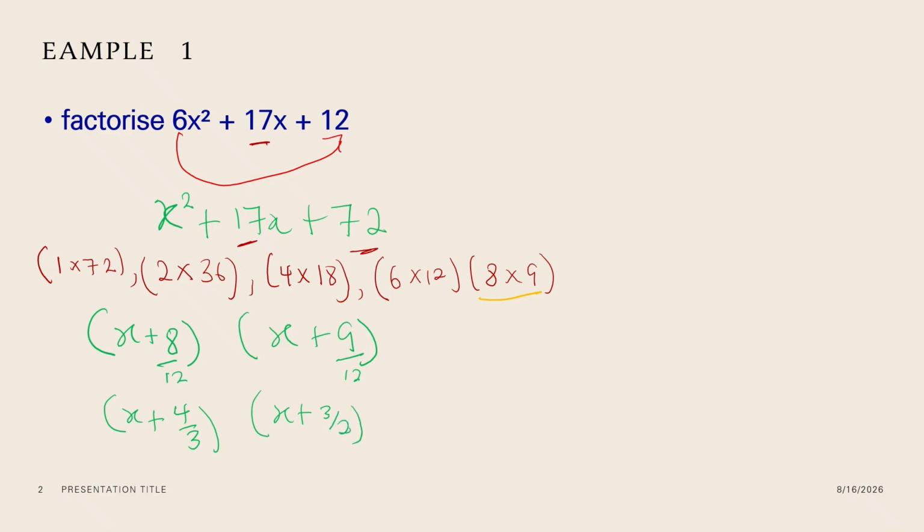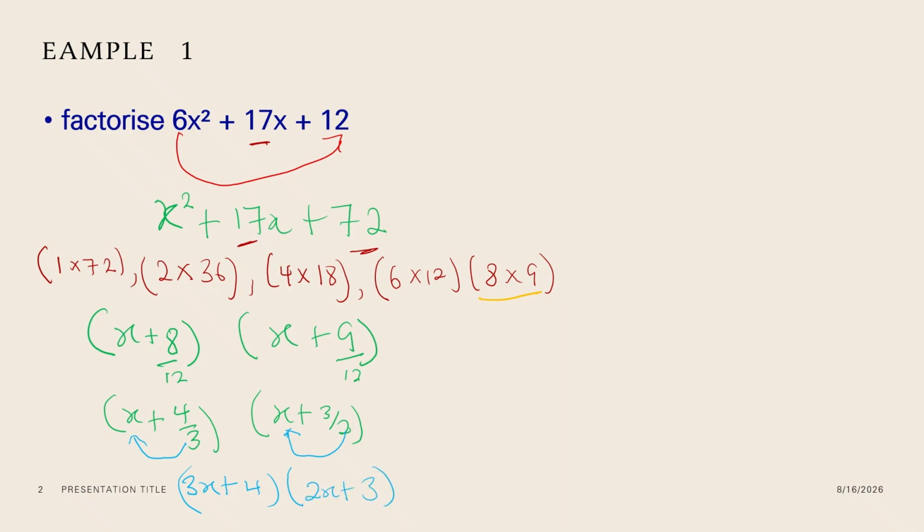Finally, we need to get a constant, or the value without a fraction. So we use the denominator here to multiply the x. Therefore, we have the new values to be 3x plus 4 and then 2x plus 3.